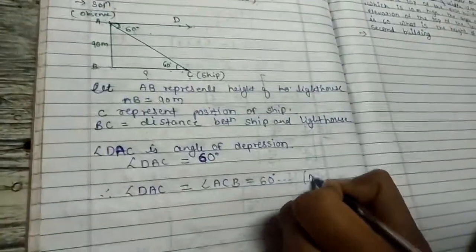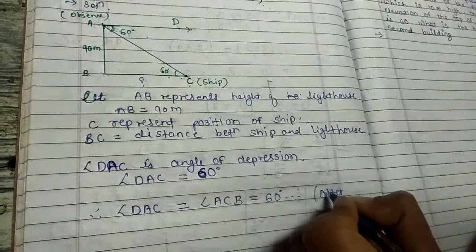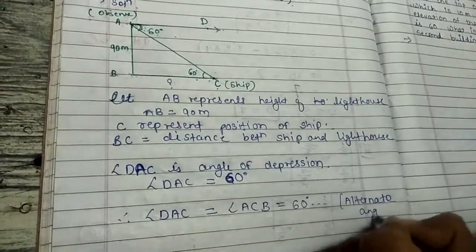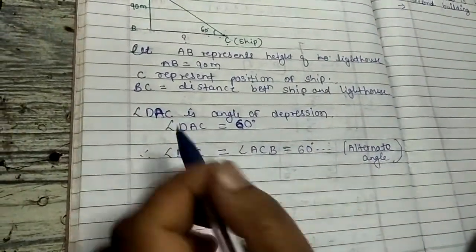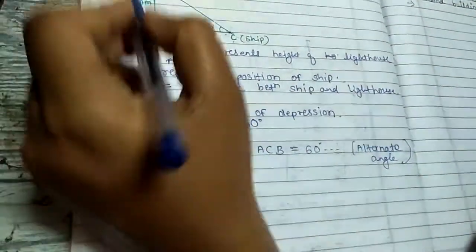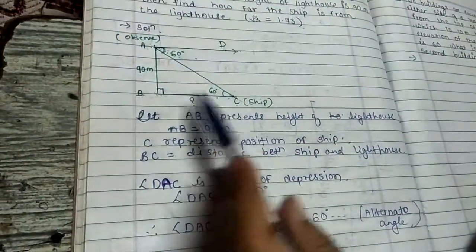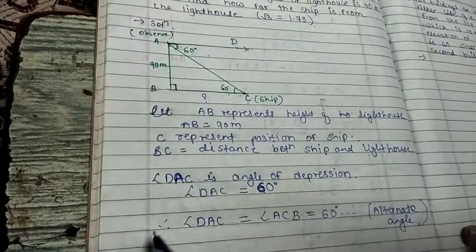And why is it 60 degrees? We are going to write because it is an alternate angle. So now next, see, this is the tower. The tower is standing straight in the sea, so that forms the 90 degrees.